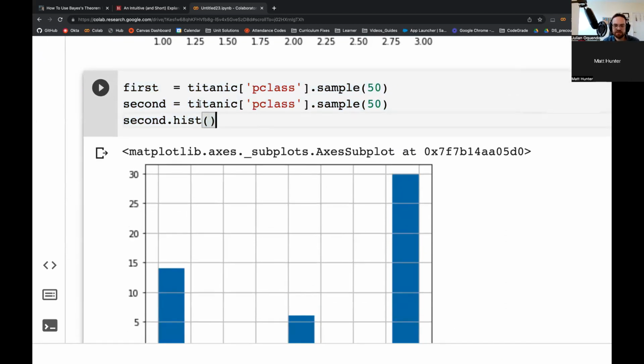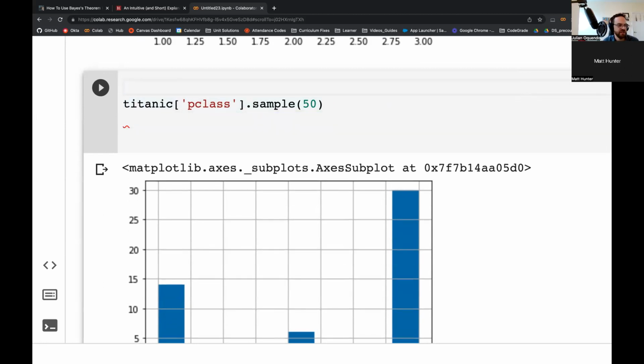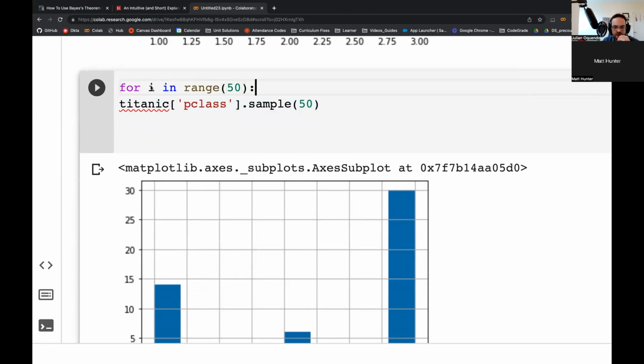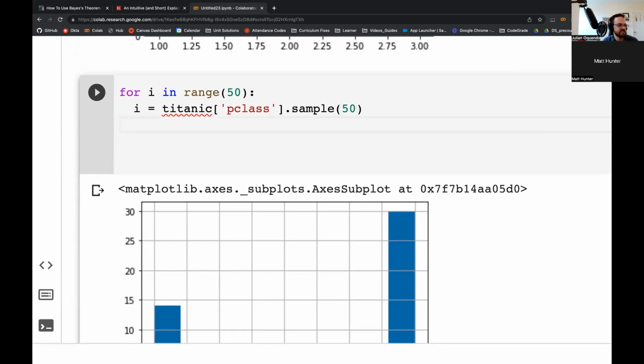In order to do that, I'm going to take a for loop where I essentially take 50 samples. So for i, I'm going to use the range values so that my iteration occurs 50 times. So the same thing I just did, where I did first, second, third, for 50 iterations I'm going to have a value for i assigned a specific sample.